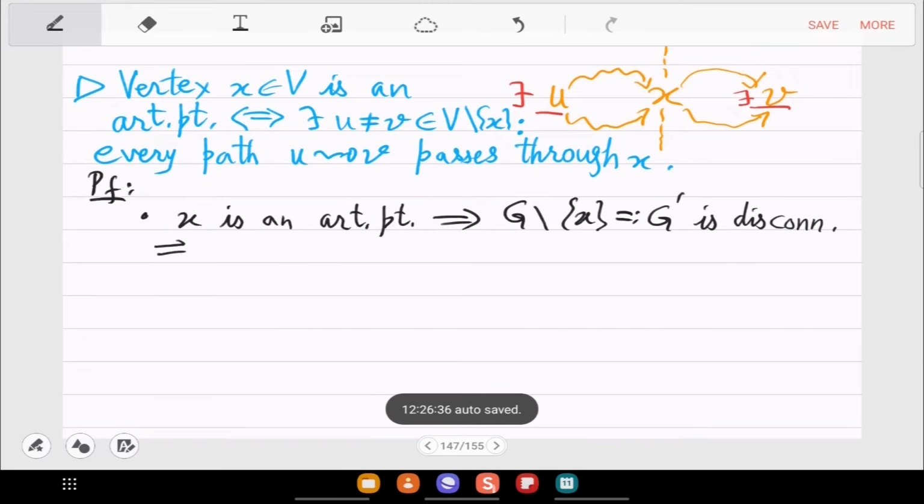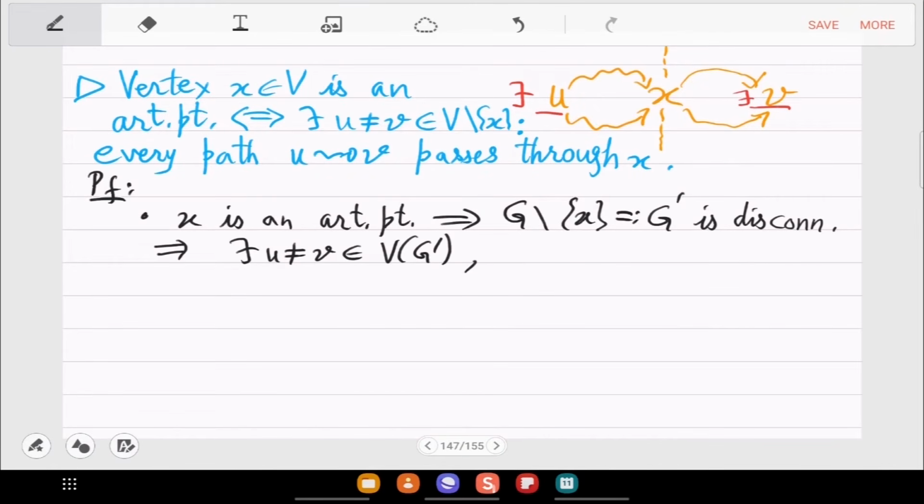Which means that there will be vertices in G prime such that there doesn't exist a path. G prime is a new graph where we have removed the vertex X and also the edges incident on it. By the definition, it's a disconnected graph, which means there have to be at least two vertices which are unreachable from each other.